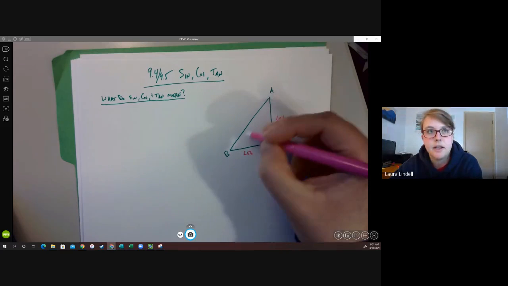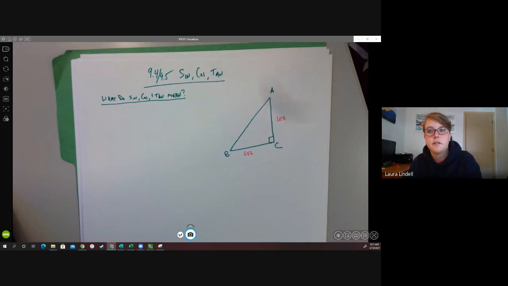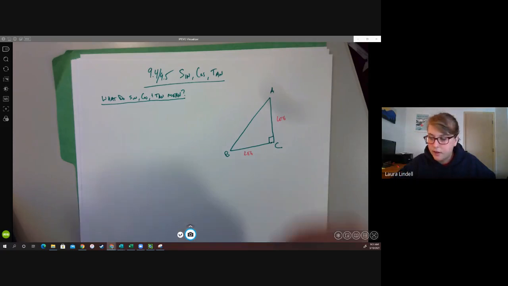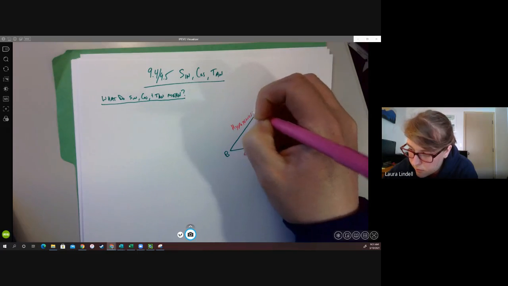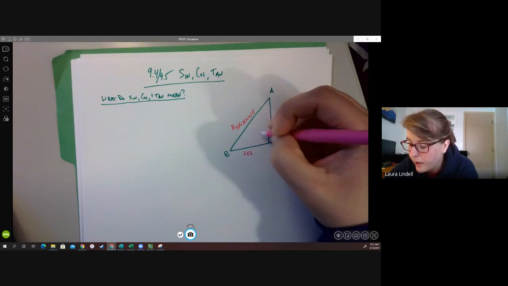And then what was this side called? Yeah, the hypotenuse, exactly, because it's across from that right angle.